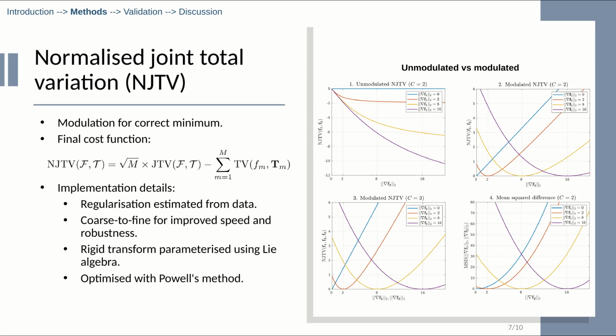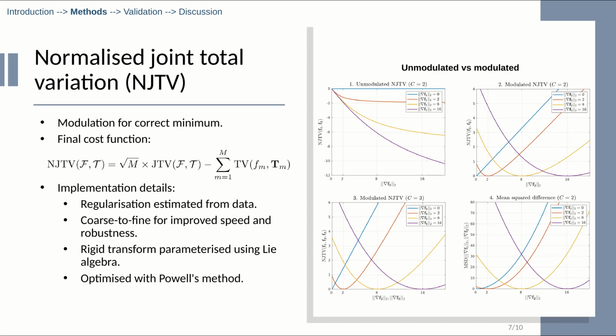Some implementation details, as we would like the implementation to be general and robust. The lambda parameter is estimated from the input data from each image. We use a coarse to fine scheme where we start the registration on a mean space image with quite large voxel size, and we then decrease the voxel size to the final value.